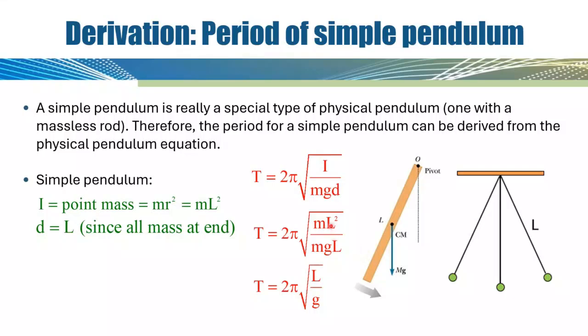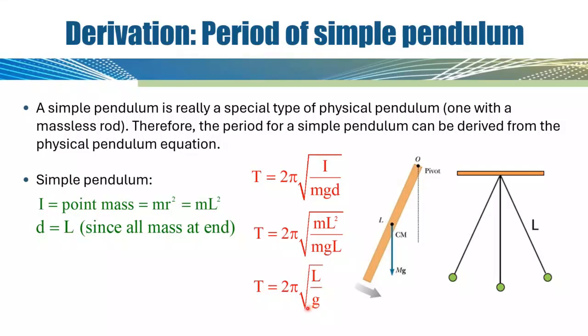When we do that, we have a rotational inertia of ml squared, and then we have mg, and the d value we are now calling L. And so you can see that the mass of the pendulum bob is going to cancel out, and so is one of these L's, and we end up with T equals 2 pi square root of L over g, which is the equation that we have been using for a simple pendulum.